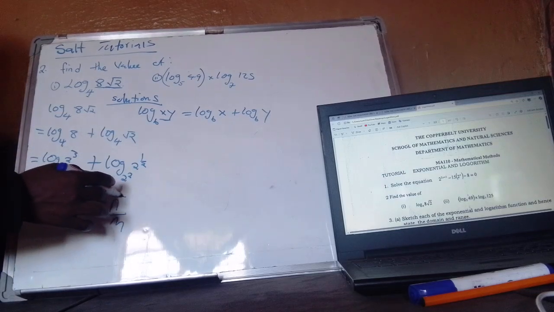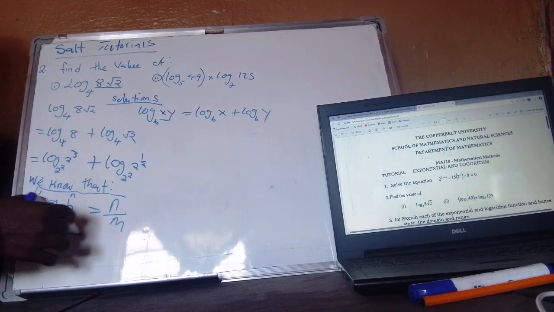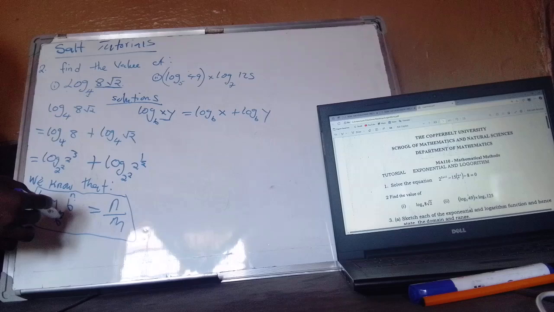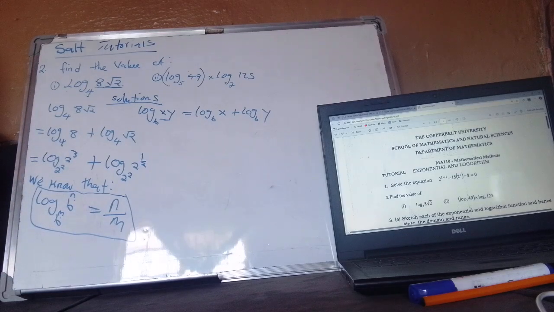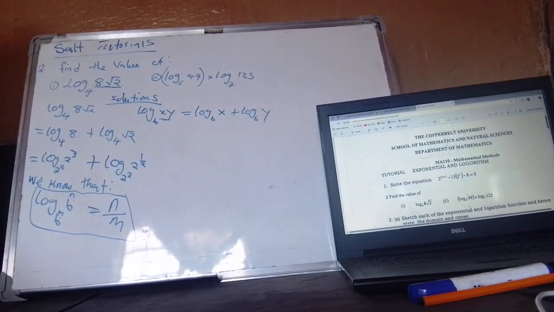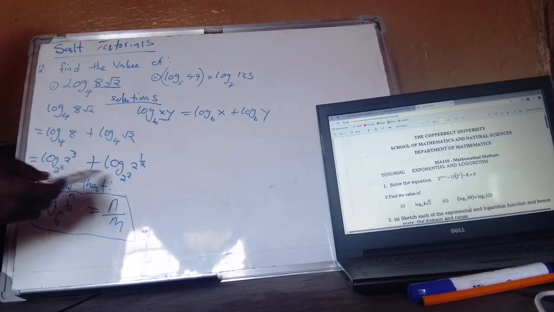I'm sure we talked about that property in the previous video. So log with base b to the power m and input b to the power n is just equivalent to n divided by m. We're okay? So this is what I'm going to do in both cases.